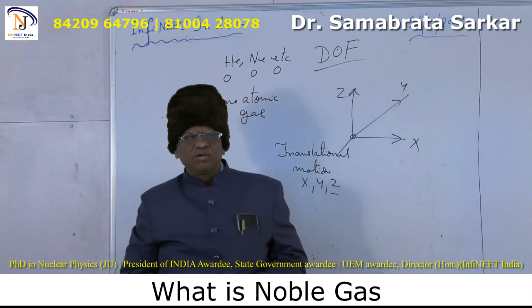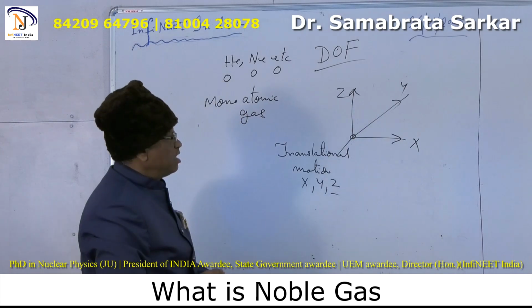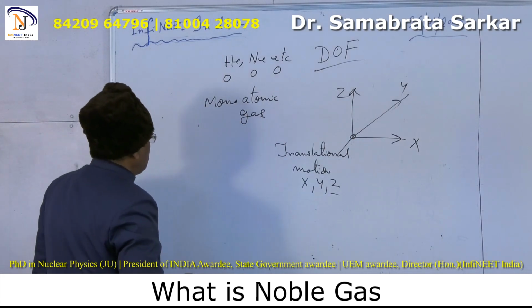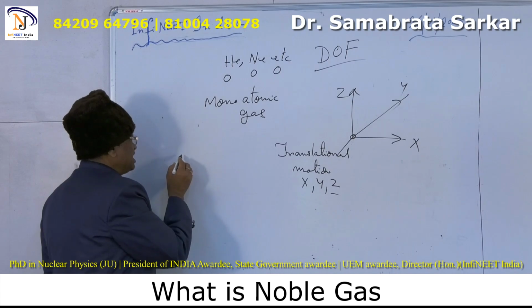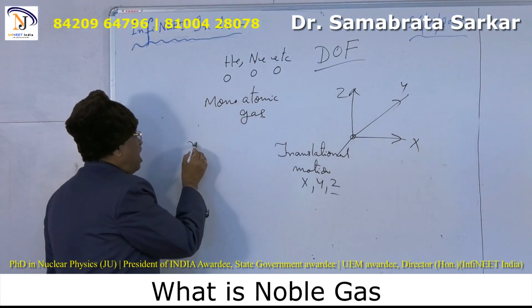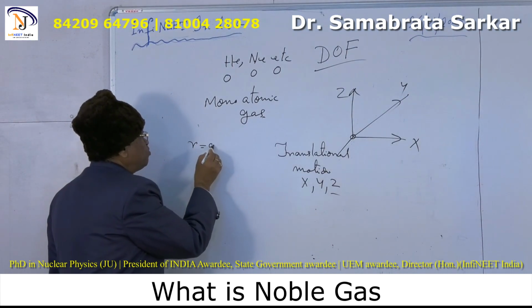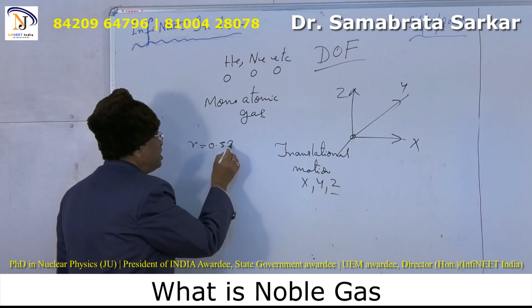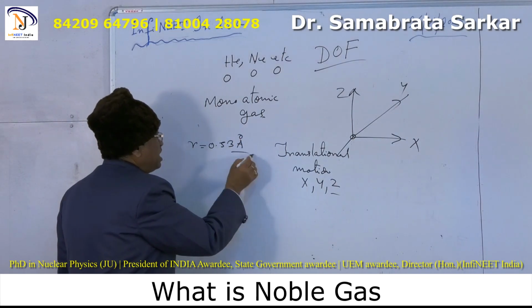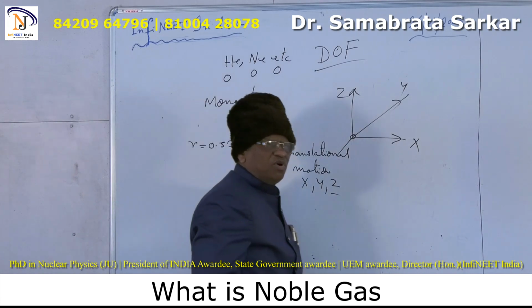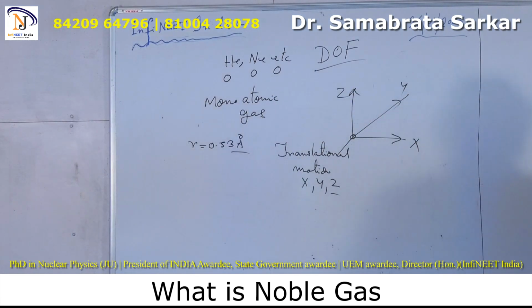Then why are you not considering that? Mass is very negligible. No, not mass, but you tell like this. R is equal to 0.53 angstrom nearly, the molecular radius.